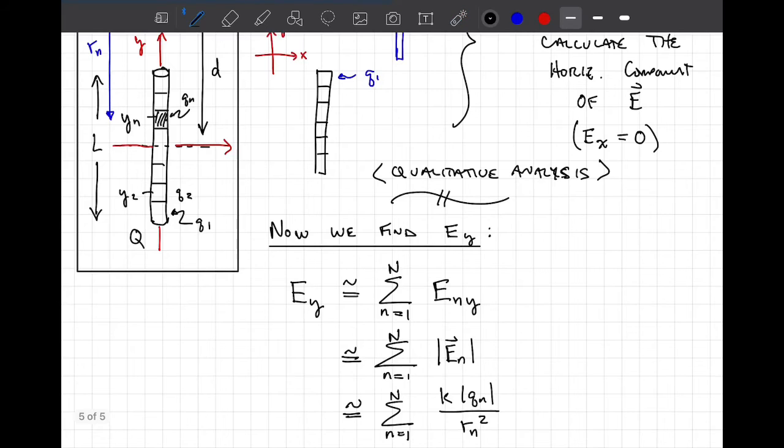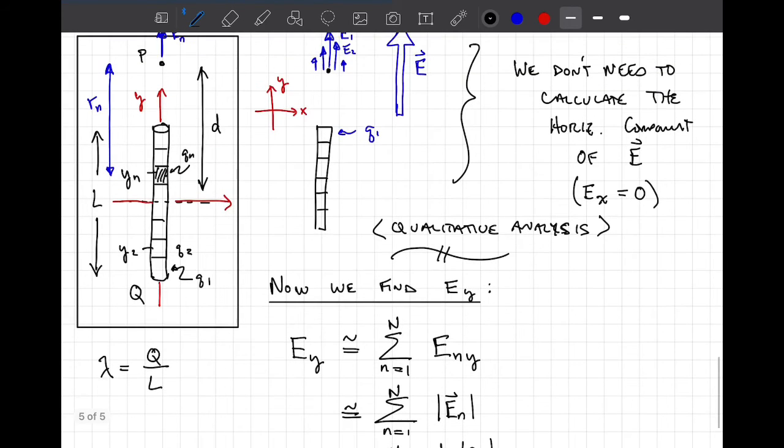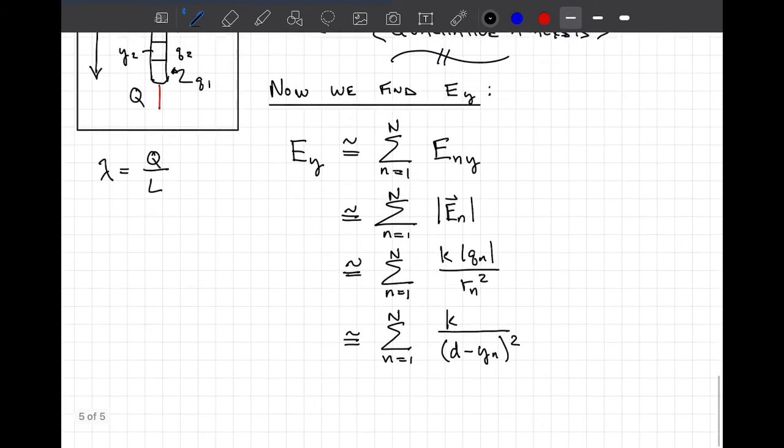So the charge density is just lambda is equal to total charge divided by total length. But the charge Qn here is equal to lambda times delta x. So I have a delta x on any one of these chunks. Each of them has the same length. I multiply that length by lambda, and I get back the charge of that chunk.